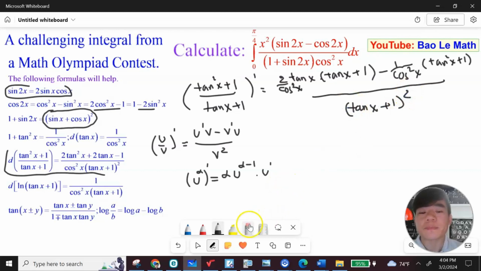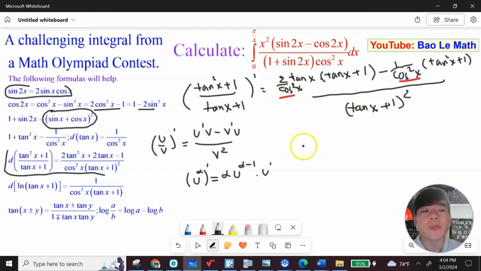Now I need to simplify this one. I have 1 over cosine square of x in this term and this term. This is the common factor, so I factor it out and put cosine square of x on the denominator.